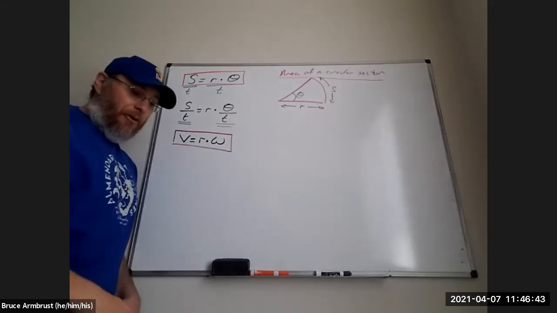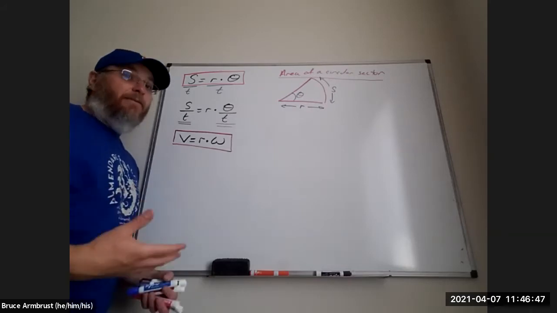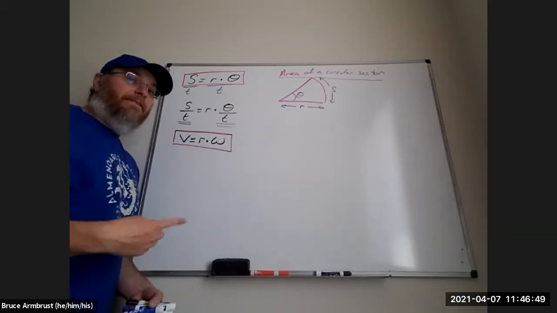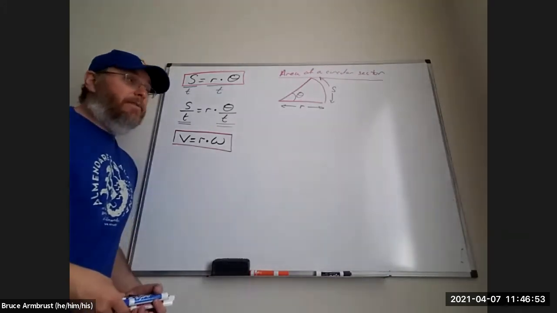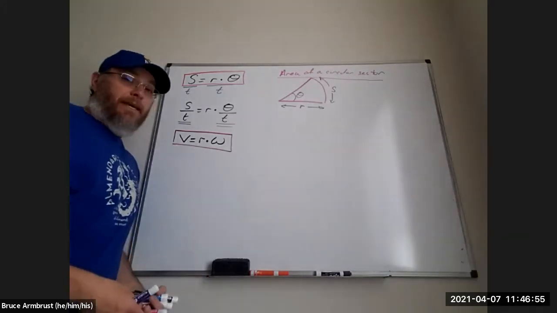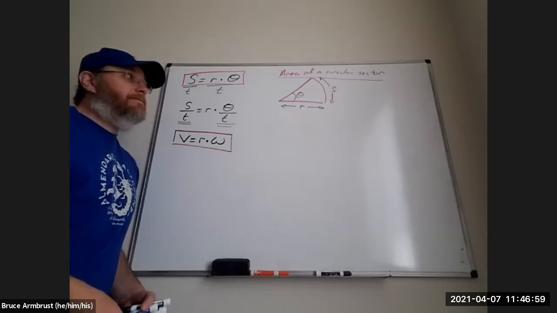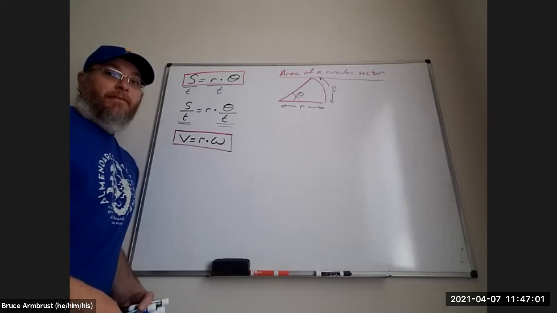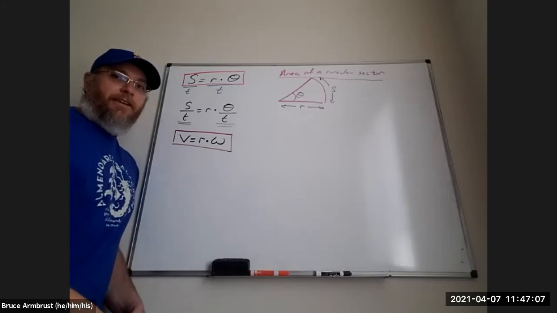So how about this? If we did a full circle, an angle of 2 pi, what would the area be of that circular sector? If I did one full rotation, how much area did I enclose?